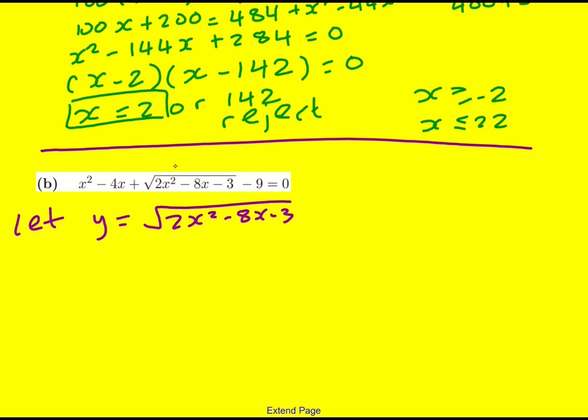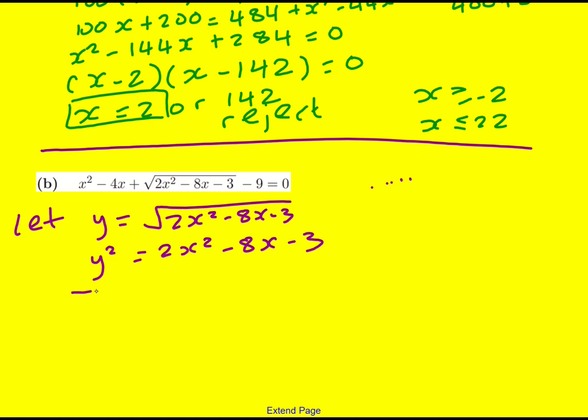I do need this square root to be positive. There are going to be some conditions, but let's just see where we get before we worry about that. So y squared will be 2x squared minus 8x minus 3.